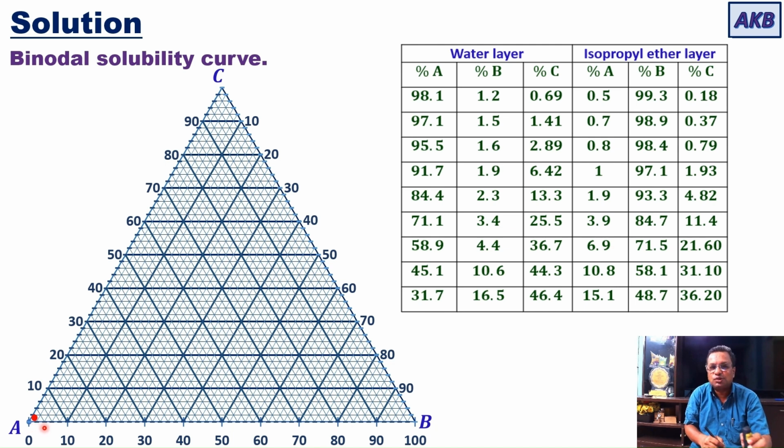So if you fix the composition of 2 components, the composition for the third component will be automatically fixed. For example, in this case, the percentage of C in the mixture is 0.69. So you can see we are talking about a line that is parallel to side AB. That means in order to represent percent of C in the mixture, we have to use lines that are parallel to the side AB.